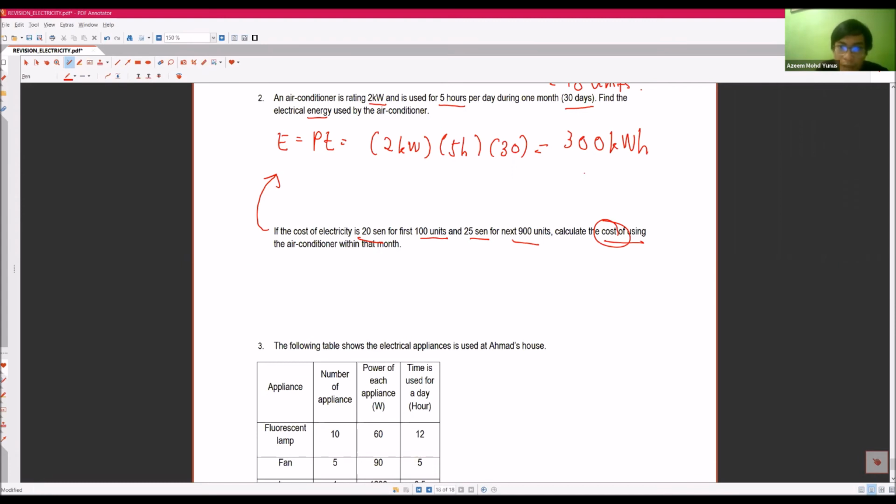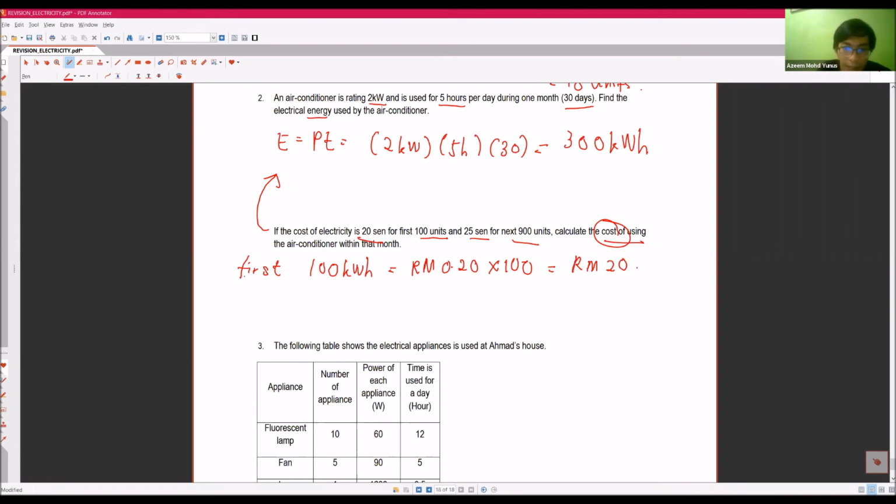So basically we have 300. The first 100 kilowatt hour is equal to 0.2 times 100, 20 ringgit.